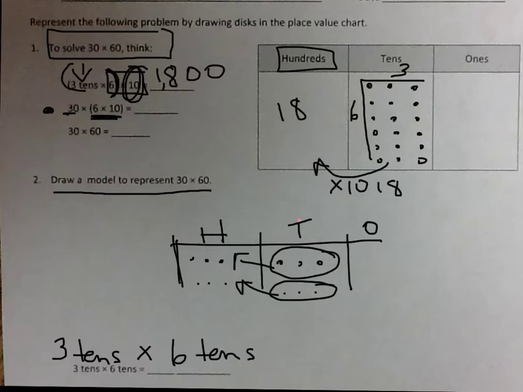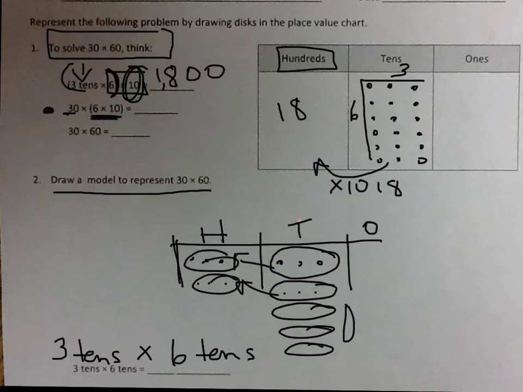I'm going to continue doing that 6 times. 1, 2, 3, 4, 5, and then I can throw another one right there. 6, which will make 3 groups of 6, which make 18. So it gives me 1800s again. It's the same exact number, just in a different way. So you can look at it any way you want.